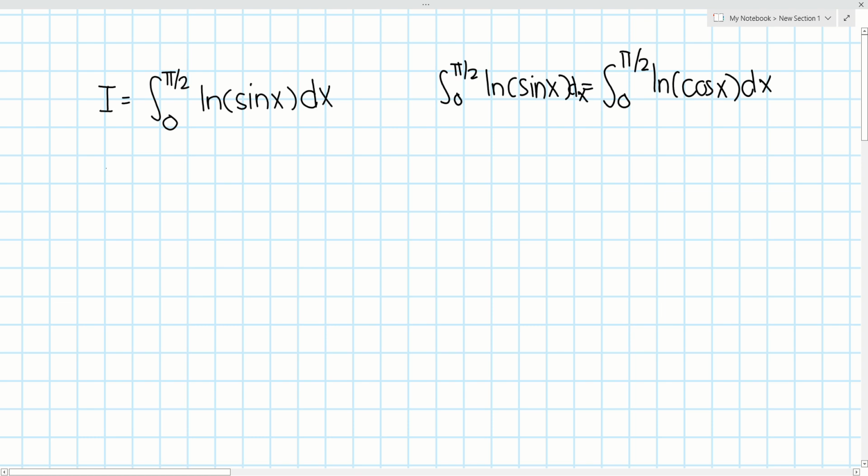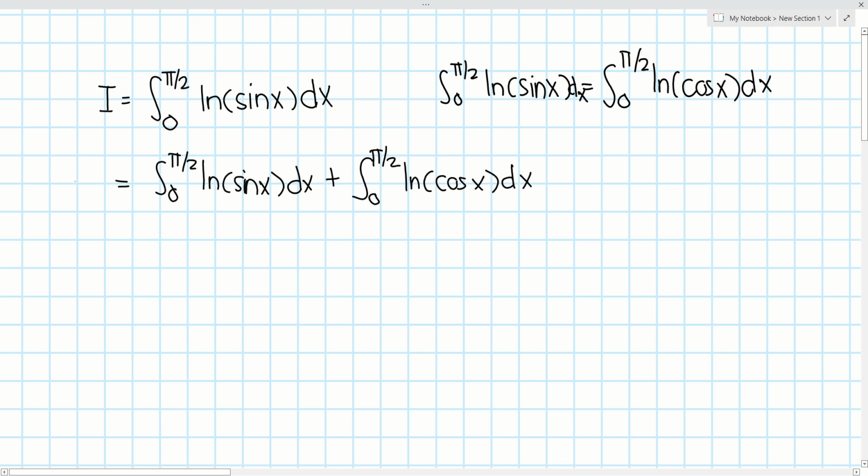Since we know these are equal, we take the integral from 0 to pi over 2 of ln of sine x dx, and add the integral from 0 to pi over 2 of ln of cosine x dx.